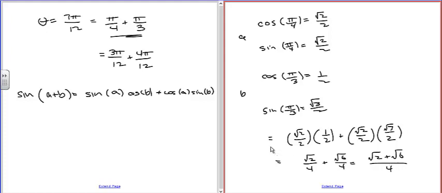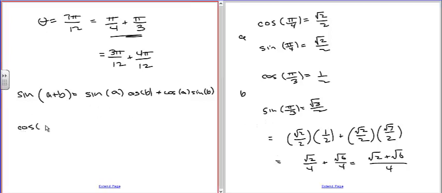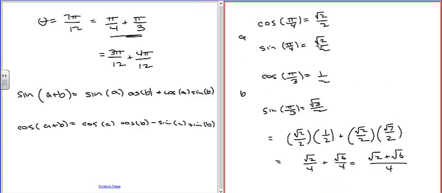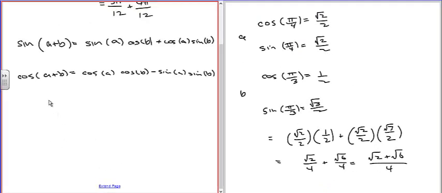So that's the sine. Now the cosine formula, cosine of A plus B, is the cosine of A cosine of B minus the sine of A times the sine of B. So again, we can take these values. I'm just going to do it down here because I want to see everything.